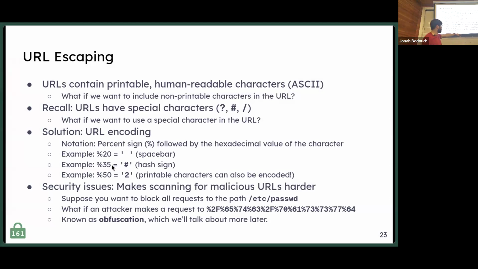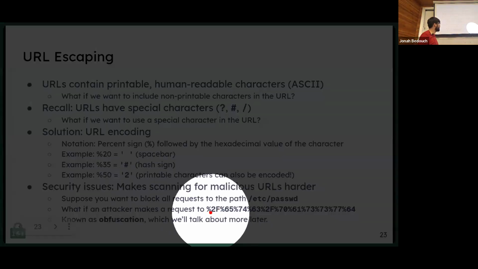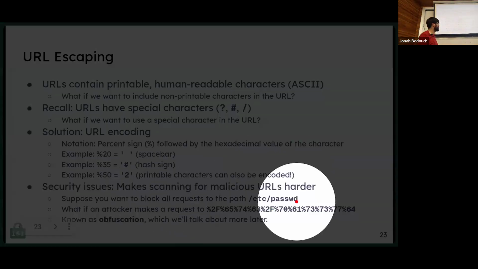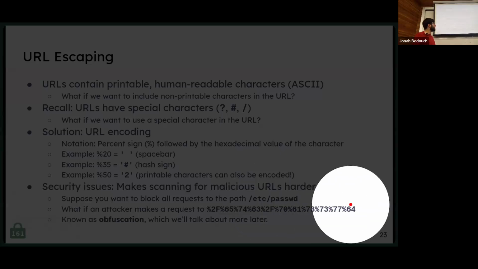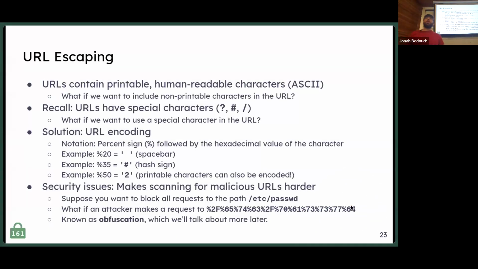But if an attacker makes a request to this big string here, this string is actually equivalent to etc password if you work out %2f becomes the slash, %65 becomes the e, and so on. But maybe our code, which is string matching, won't be able to detect this. This is known as obfuscation. We'll discuss it more in a future lecture.